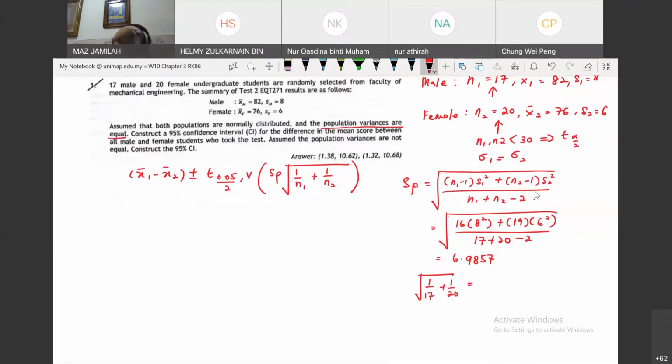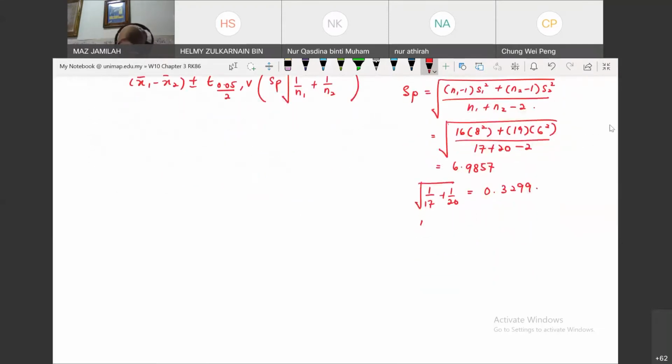So you will get here 0.3299. Okay, what about t alpha over 2? t 0.025. Your v in this case is your n1 plus n2 minus 2.